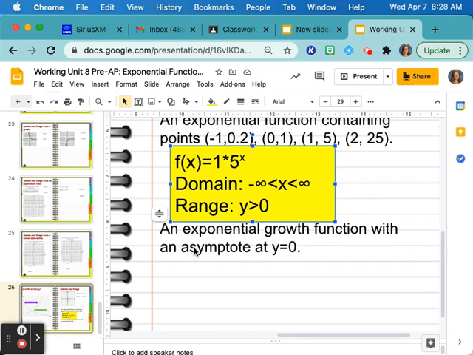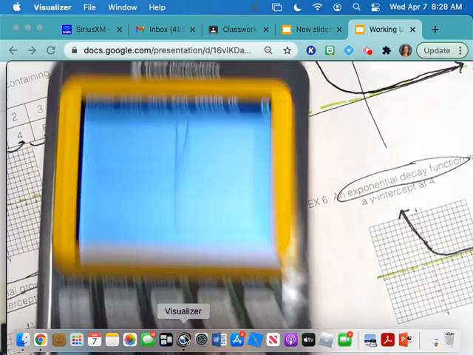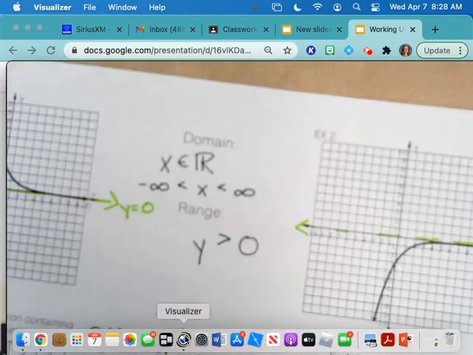Okay, the last one, an exponential growth function with an asymptote at y equals 0. So that is just like what we've been doing. If the asymptote's at y equals 0 and it's a growth function, it's going to be like these, right? Like that.